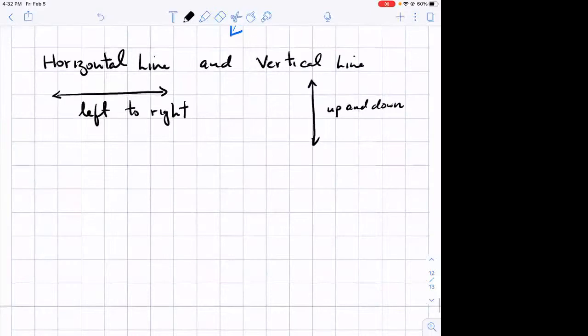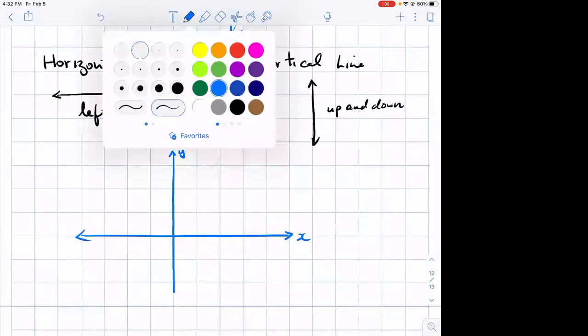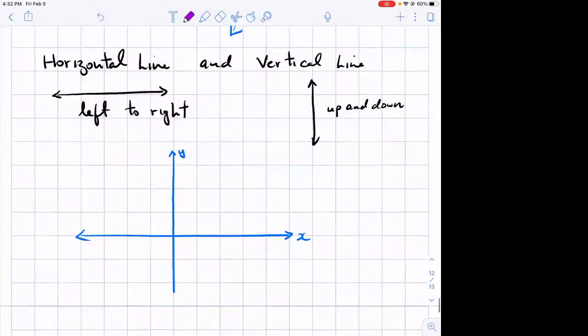So when you draw on the xy axis a horizontal line, any horizontal line, realistically that horizontal line will be crossing the y-axis, right? If I draw the horizontal line here, okay, horizontal, and because it crosses the y-axis, the equation of that line will be y equals wherever it crossed there.